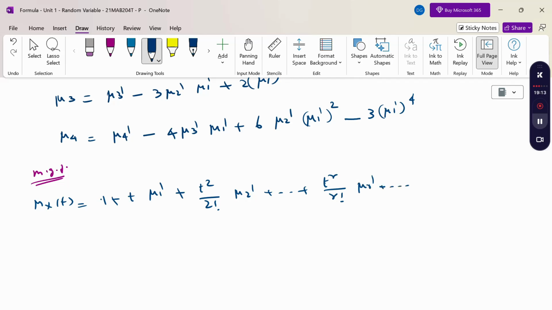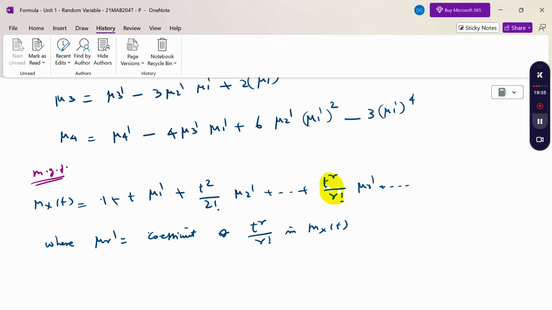Here mu r dash equals the coefficient of t power r by r factorial in the moment generating function. This is a moment generating function.